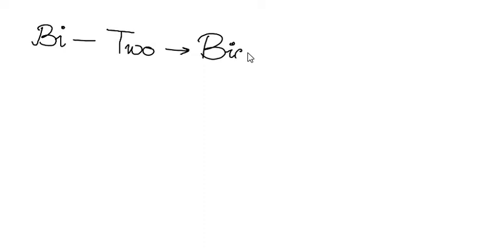The first word which I'm going to make you study will be bi. Bi means two. You very well know the word bicycle, right?